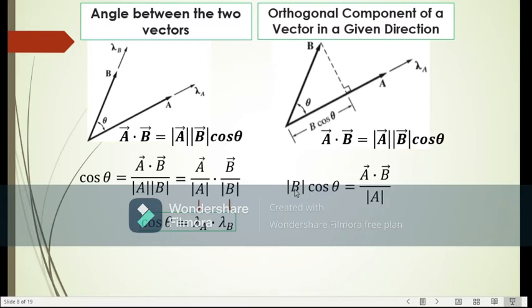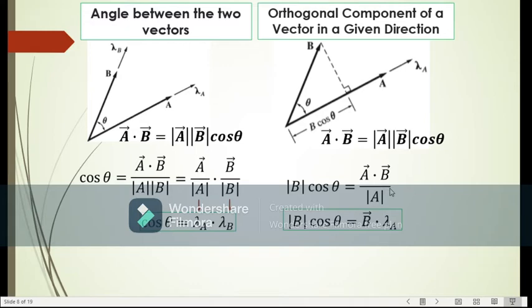So the orthogonal component is the B cosine theta. So this orthogonal component or B cosine theta is equal to A dot B divided by the magnitude of A. So this equation here was derived from the general equation of our dot product.